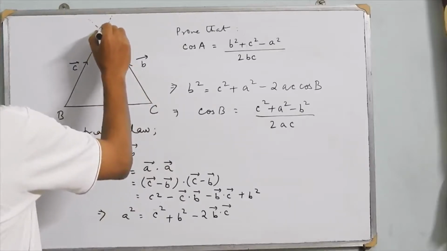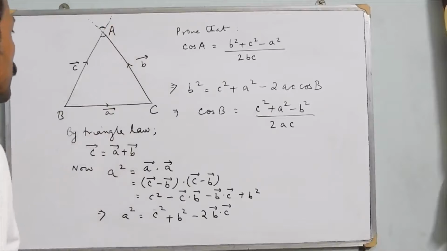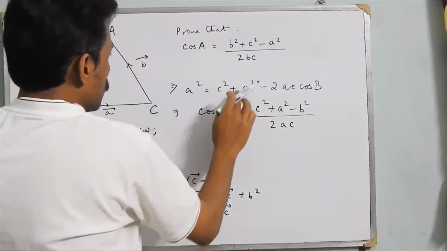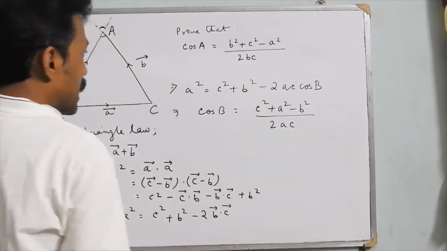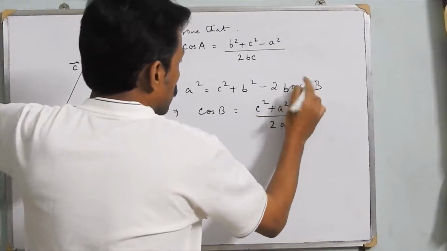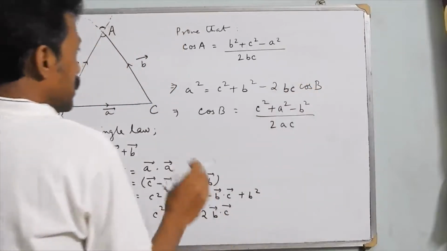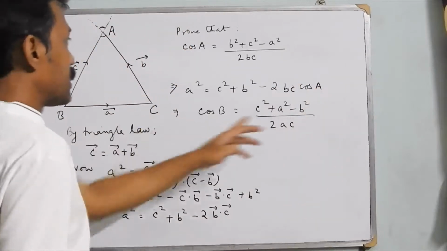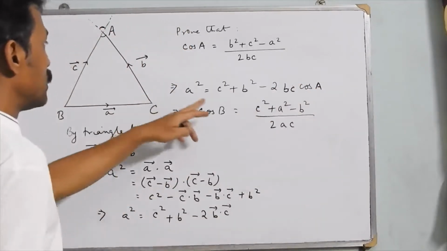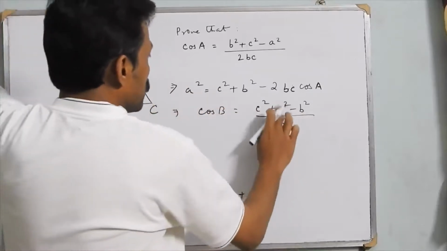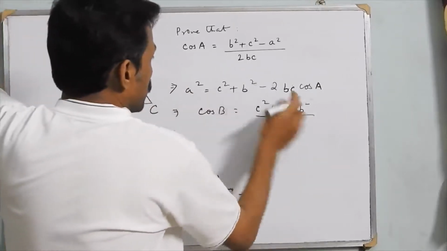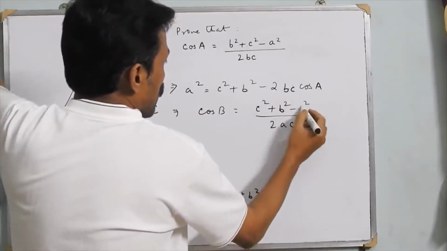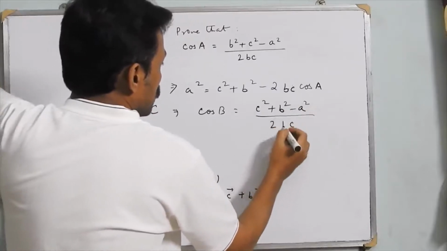So this angle has to be taken into account, and this angle is equal to angle A. So you can say that a square is equal to c square plus b square minus 2bc cos A, because b dot c is bc cos A. So here on you can say that cos A is equal to (c square plus b square minus a square) by twice bc. So this has been proved.